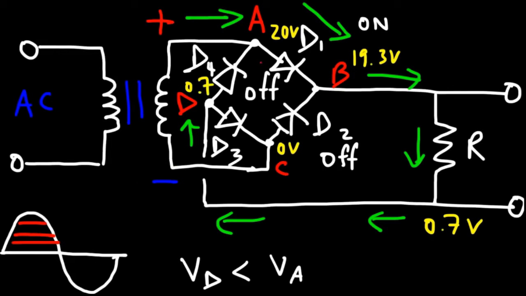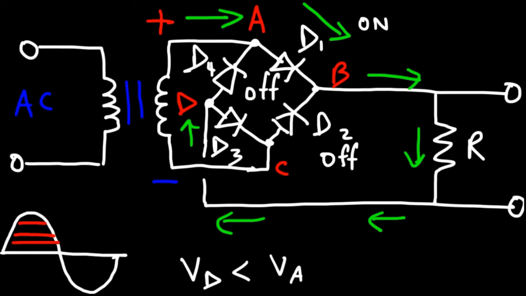Current will prefer to flow from a high potential to a low potential, that is, from A to D. However, the arrow of the diode is opposite to the direction of that current, so it's going to be off. And current will not flow from a low potential to a high potential. It's not going to go from 0.7 to 20. And so that's not going to work. Therefore, either way you look at it, diode 4 is off. It's in the reverse bias state.